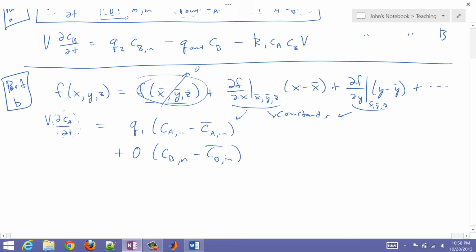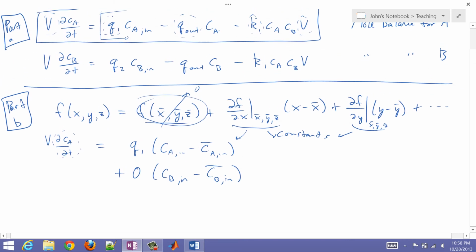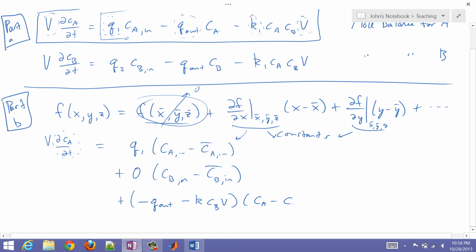Let me scroll down just a little bit, and let's do this now with respect to CA. I have plus, and I'll take the derivative with respect to CA: minus Q out, and also minus K1 CB times V, and then that's multiplied by CA minus CA bar.